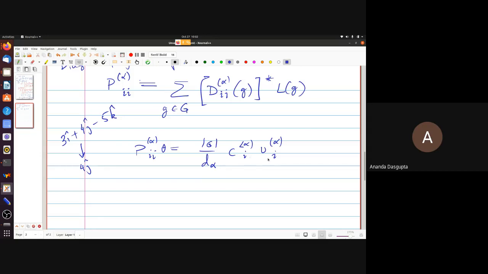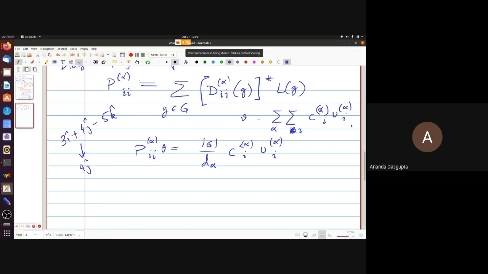So here, that's exactly what happens, right? Apart from the factor of mod g by d alpha, which is just a numerical factor in front, don't worry about that too much. All you're going to get is exactly that piece which is in the ith direction in the alpha-ith irrep. Remember, the original v was simply the sum over all alpha, sum over all i, c alpha i, v alpha i.